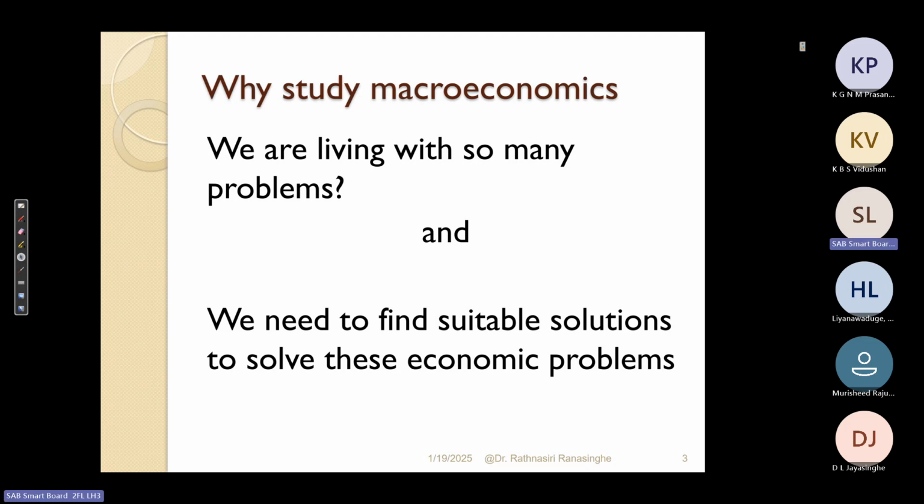Apart from that, our income level is low. This is our per capita income, the average income. Even though in dollar terms it says around 380, the income level is a problem.